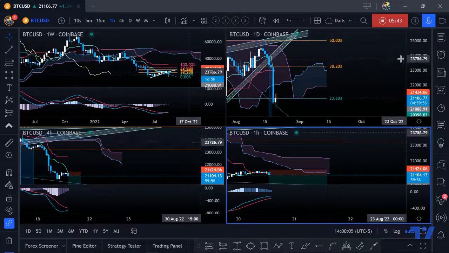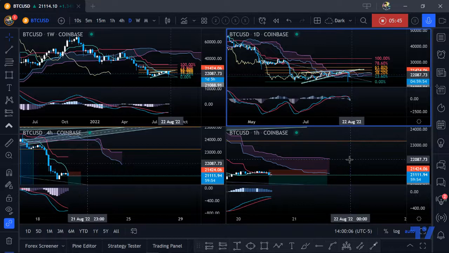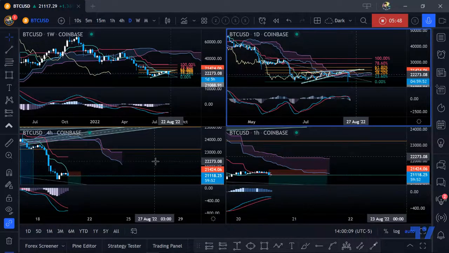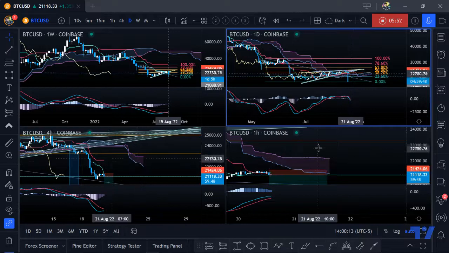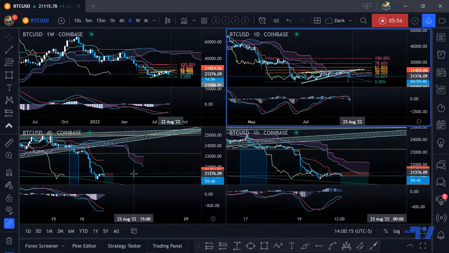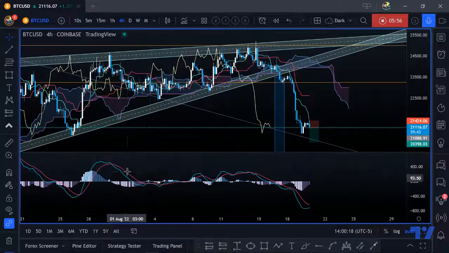And at least to me, there is not a bullish scenario. If you want to place a bullish trade, I think you can do it in the 4-hour time frame.